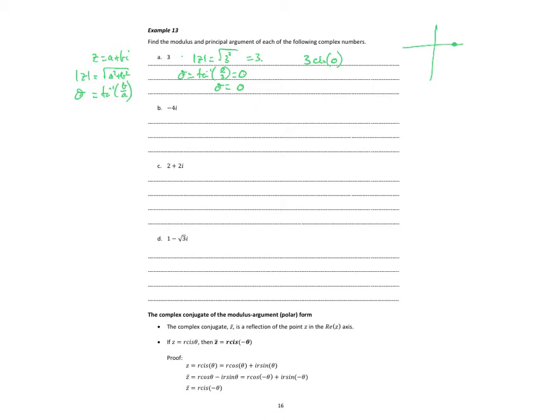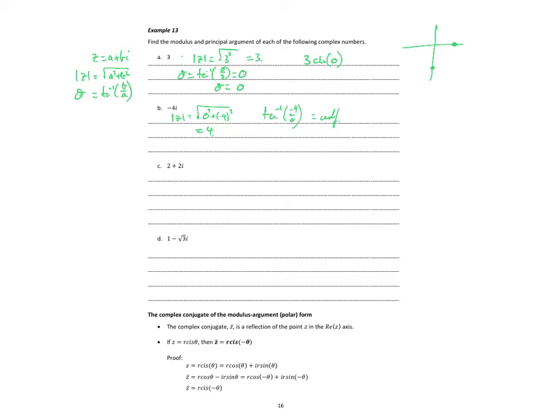All right. Negative 4i down here, same principle. Let's go with mod z is the square root of 0 squared plus negative 4 squared, which is just equal to 4. Tan theta of b on a, which is undefined, isn't it?